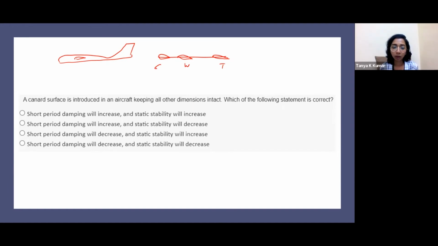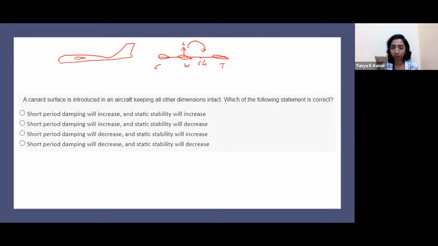So how does the canard affect stability? If this is the CG of the aircraft, we'll see the contribution of each of these parameters. First the wing. When it's subject to a positive angle of attack, assuming a symmetrical airfoil, a lift is produced here. Now what is the moment of this lift about the CG?